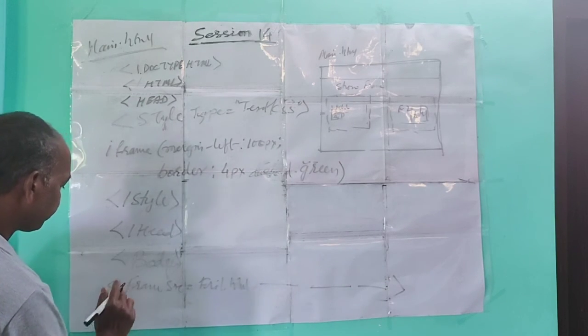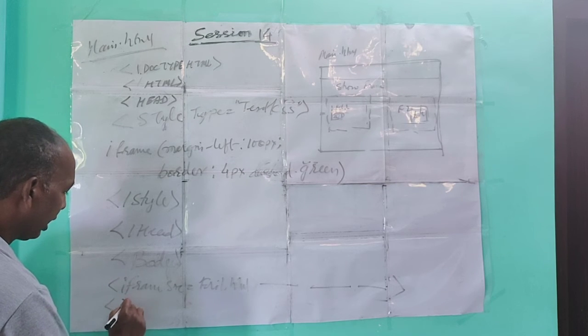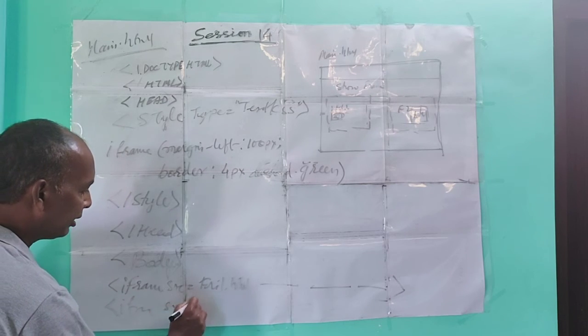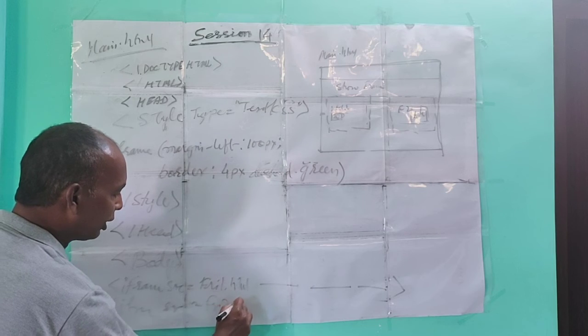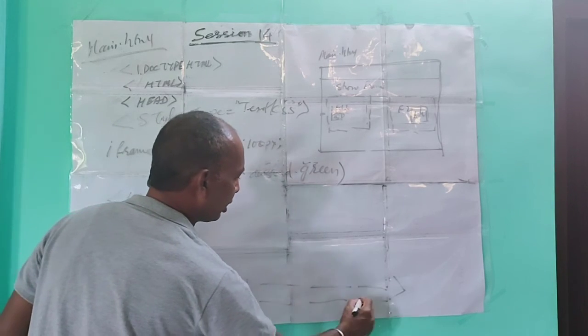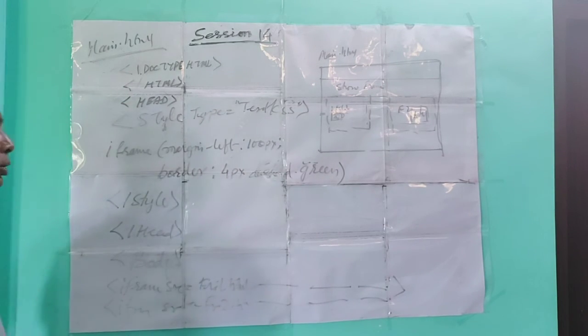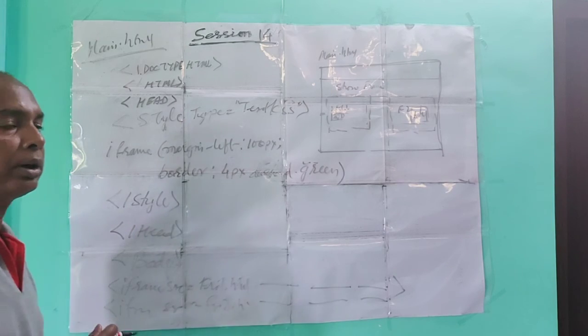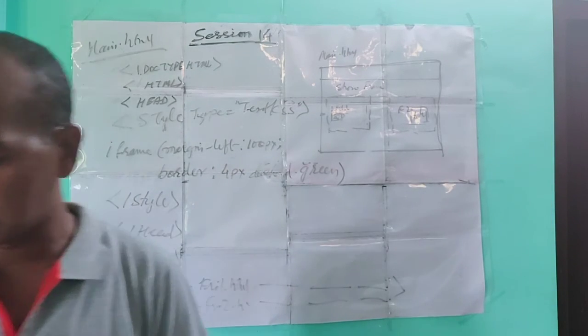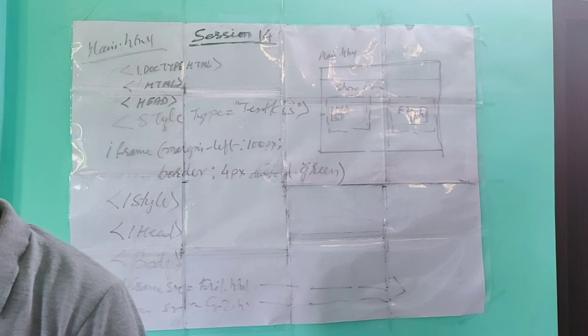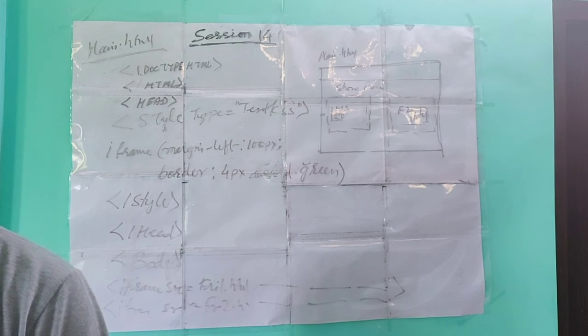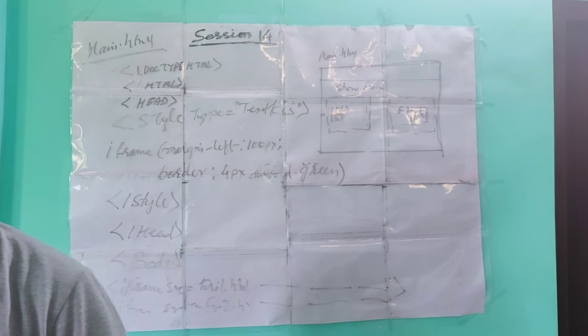For iframe src fri2.html, change the border, color, space, margin, etc. So in this way we can create our frames. You have to go through the examples given in the book, that is page numbers 82 and 83. Try at home.